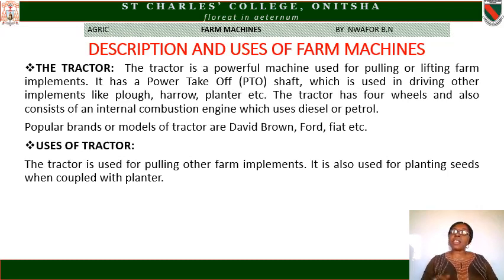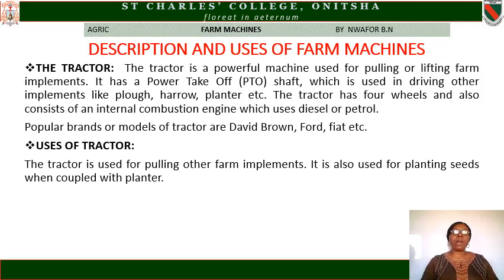The tractor has 4 wheels and also consists of an internal combustion engine which uses diesel or petrol. There are popular brands or models of the tractor, and we have them as David Brown, Ford, and Fiat.